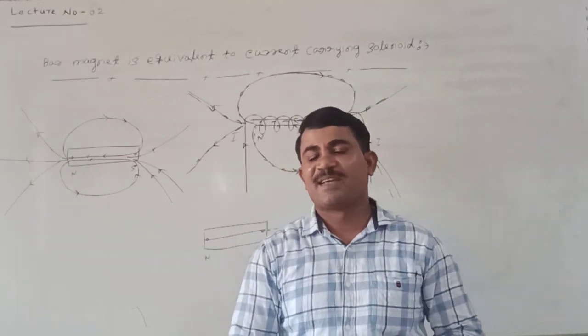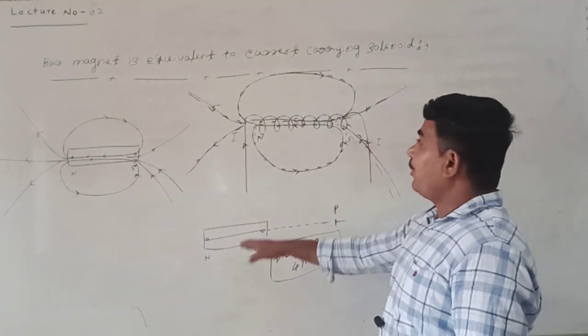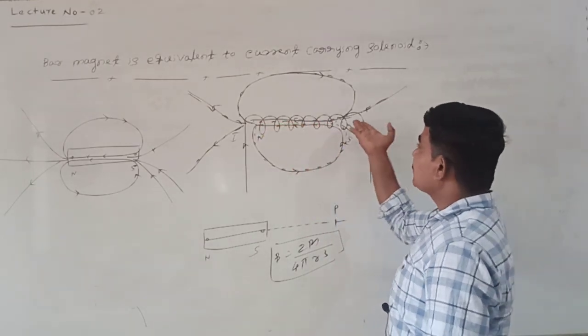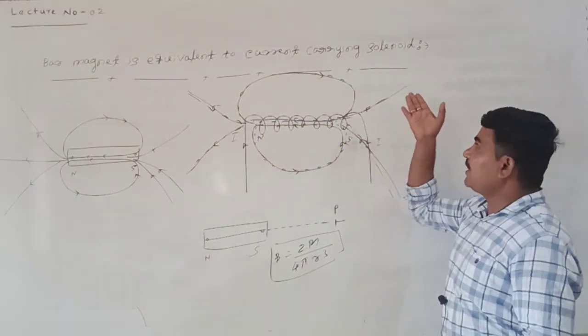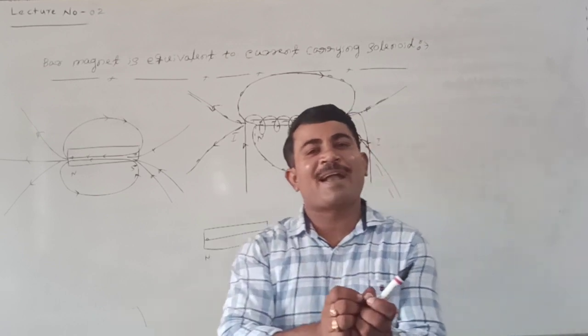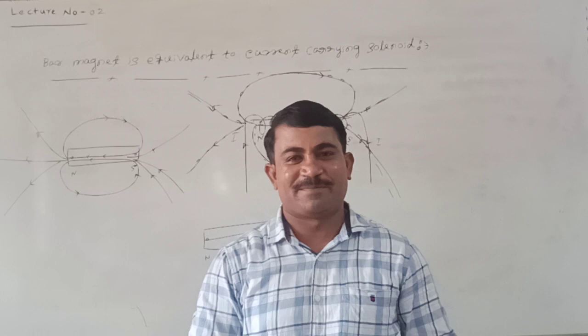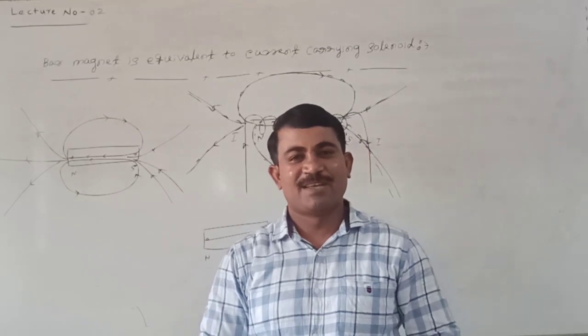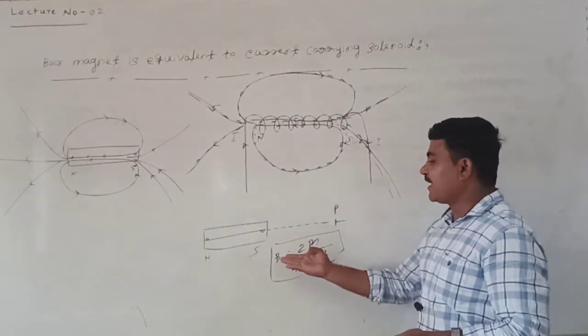Right or wrong? Similarly, if we find the magnetic field along the axis of the current carrying solenoid and that value must be equal to this value, then you can treat the bar magnet as equivalent to a current carrying solenoid. Right? So on the axis of the bar magnet, how much magnetic field are we getting?